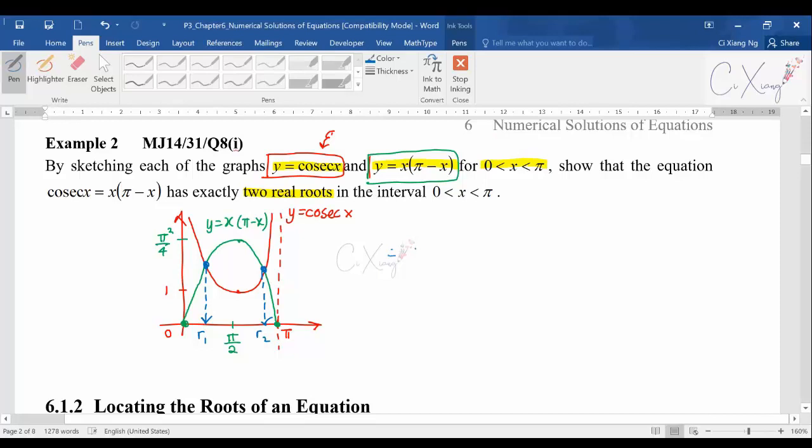Then you can say that the equation, and I just copy the question, has 2 real roots in this particular interval.